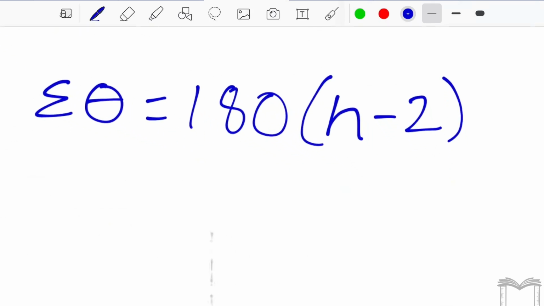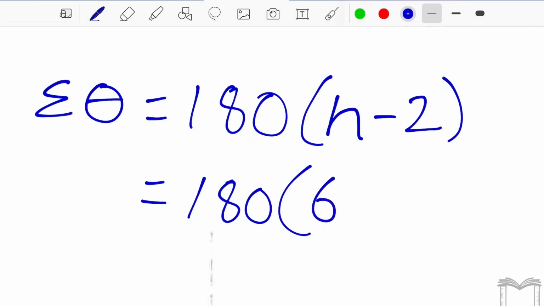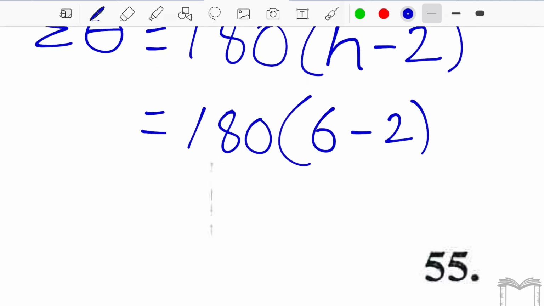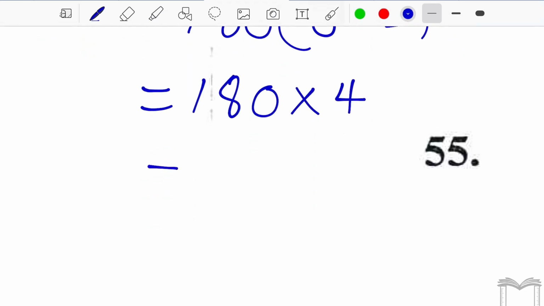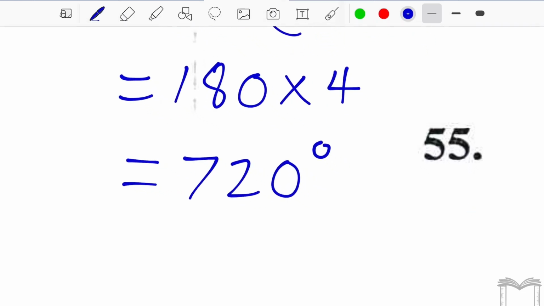So let's try C, a hexagon. 180 multiplied by n. So a hexagon has 6 sides, so that's 6 minus 2. So that's 180 multiplied by 4. 4 times 18 is equal to 72, so that's 720 degrees.